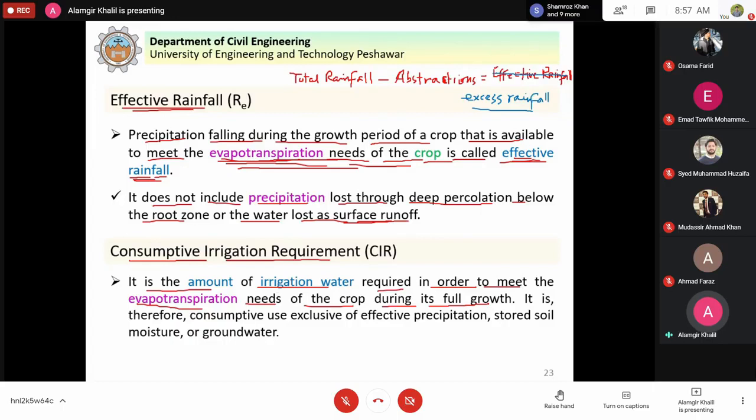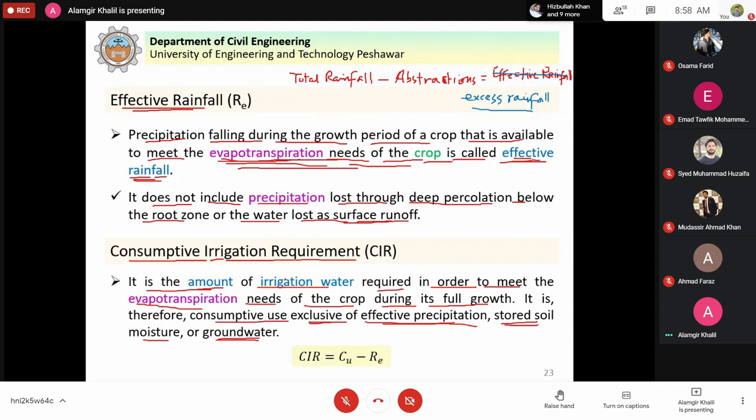It is therefore consumptive use exclusive of effective precipitation, stored soil moisture, or groundwater.